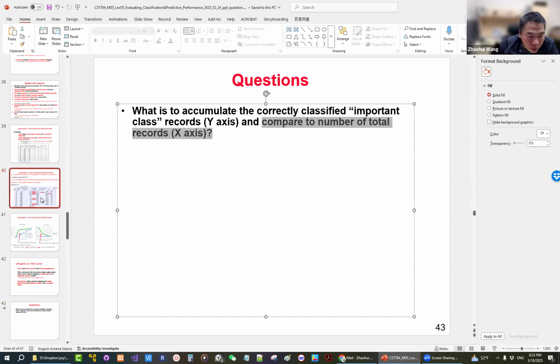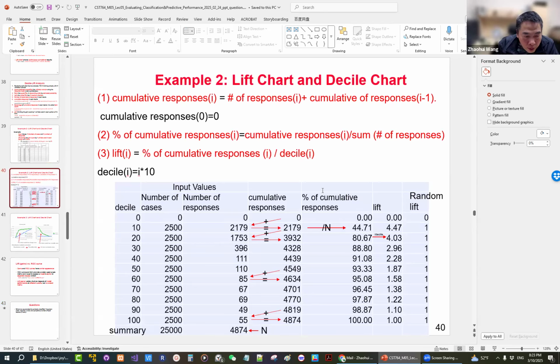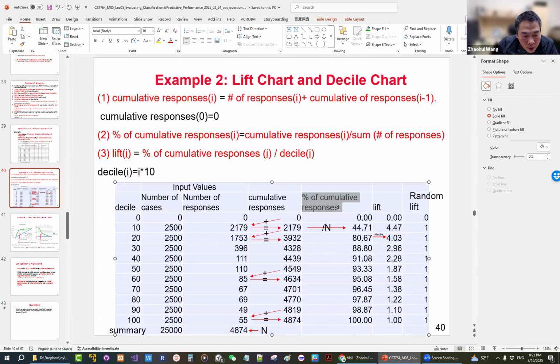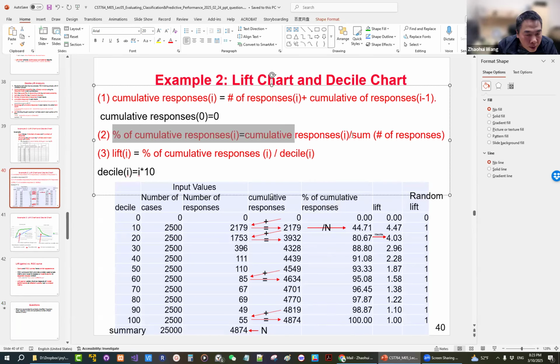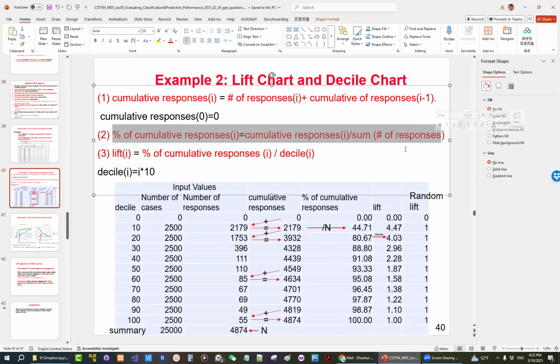This describes the percentage of cumulative response. It will be the cumulative response divided by the total responses, this equation.